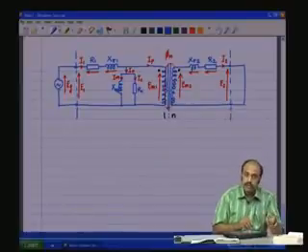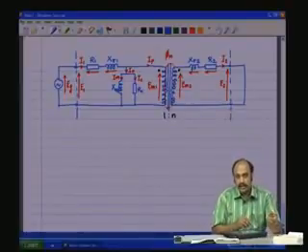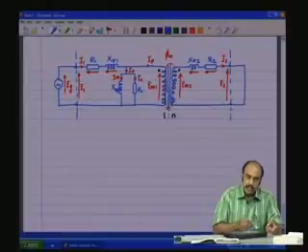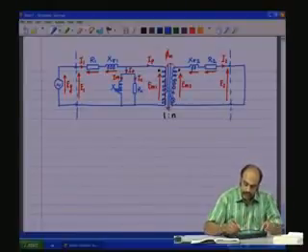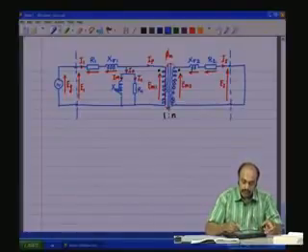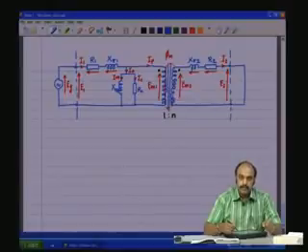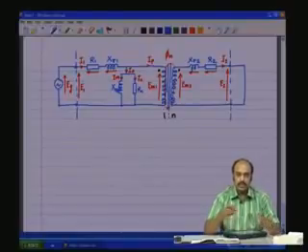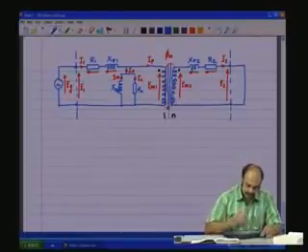In fact, it can be applied through a variable voltage source or an auto transformer. You just keep increasing the voltage till the rated current flows through, or the nominal current flows through the secondary, and take the measurements at that time. The measurements can be taken quickly so that the transformer does not heat up.